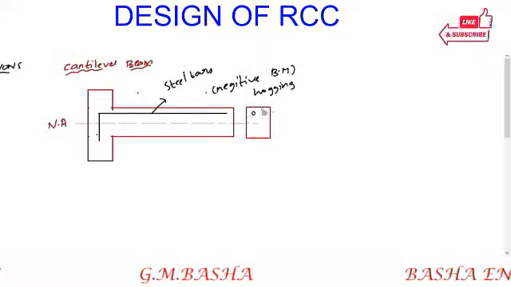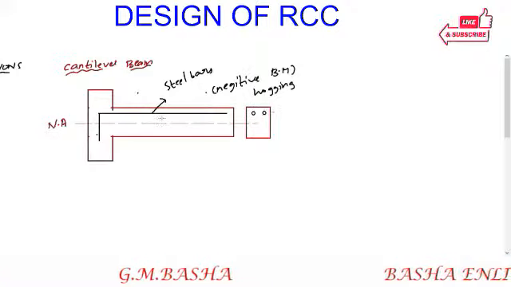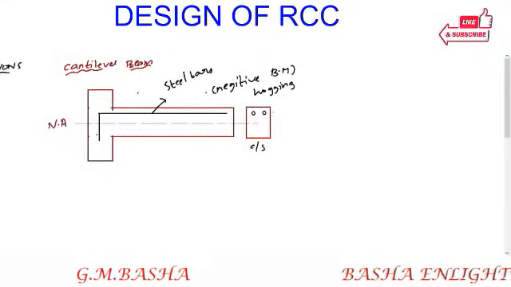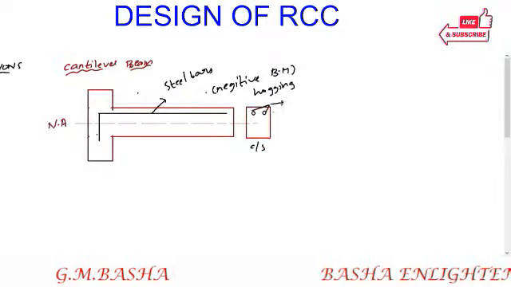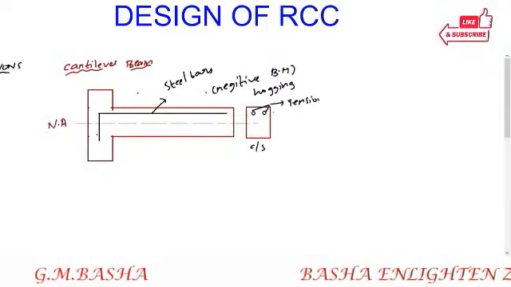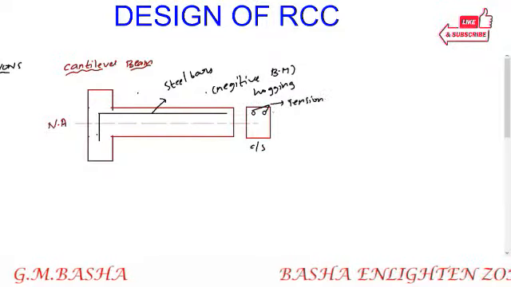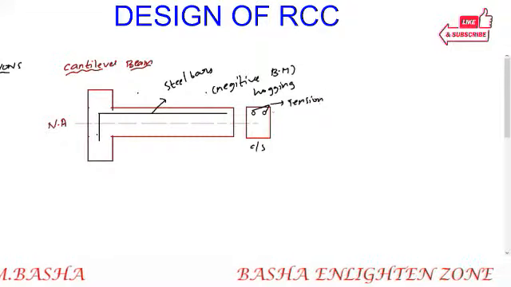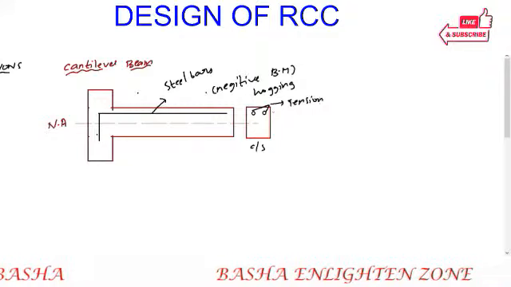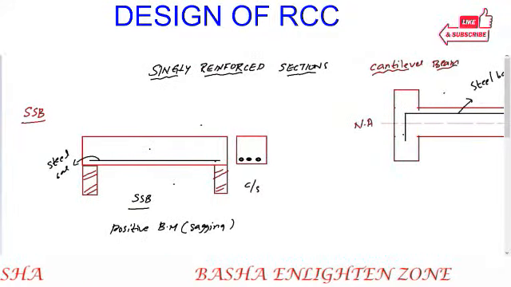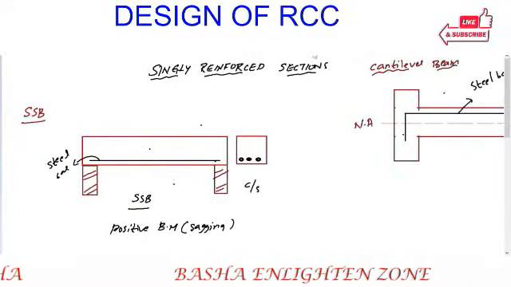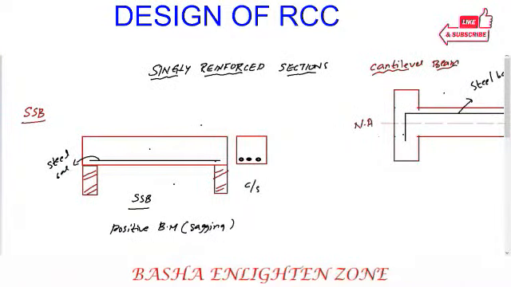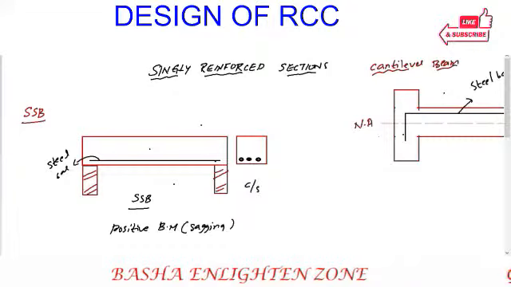You can draw in solid format, that is better, but I'm just roughly indicating all the things. So this is the cross section of the beam, where the reinforcement bars are provided on the tension side for the cantilever beam, and for the simply supported beam the bottom layers, that is also the tension side only. So this is the difference. This is the example of what singly reinforced sections means: if the reinforcement is provided only on the tension side of the beam sections, that is a singly reinforced beam.